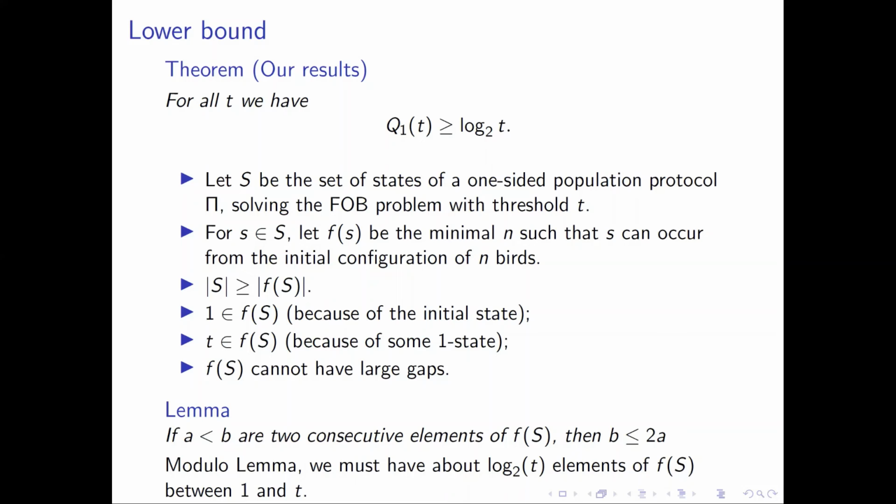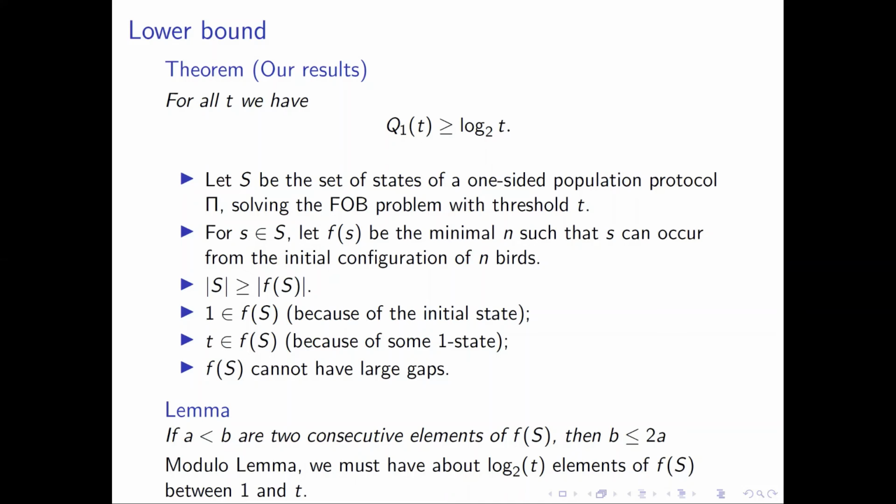Once again, the size of S is at least the size of f of S, and f of S is just some set of natural numbers. We have to show that there are at least binary log of t elements. So what do we know about this set? First, we know that 1 belongs to this set because of the initial state, right? Because the initial state is there initially.